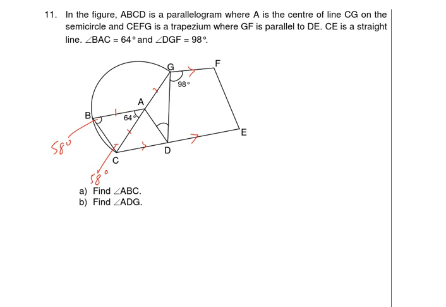So, to find this angle, what can I use? That's the question. Vertically, what is the Z angle called? It's called alternate angles, right? So when you say alternate angles, which alternate angle are you using?